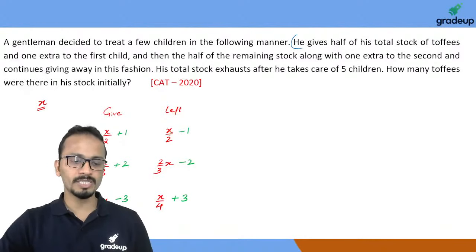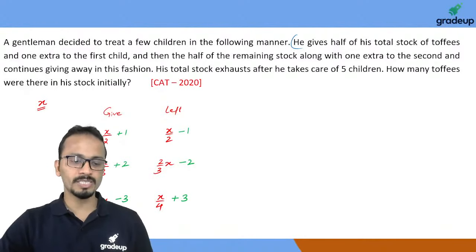Initially, let us assume that the number of toffees this person has is X. Now he'll give some toffees and he'll be left with some toffees. To the first child, he is giving one more than half the number of toffees that he originally had.